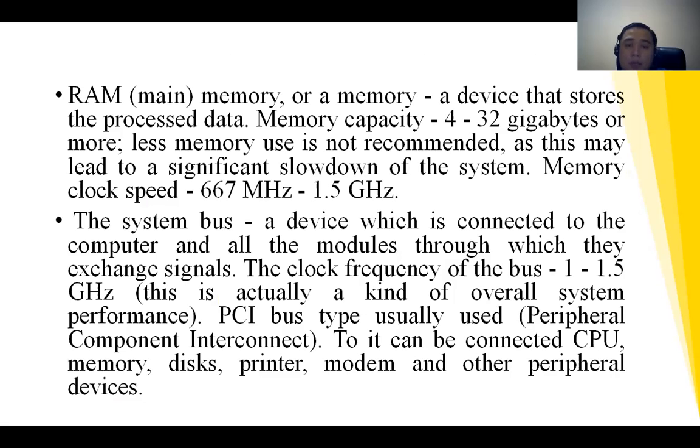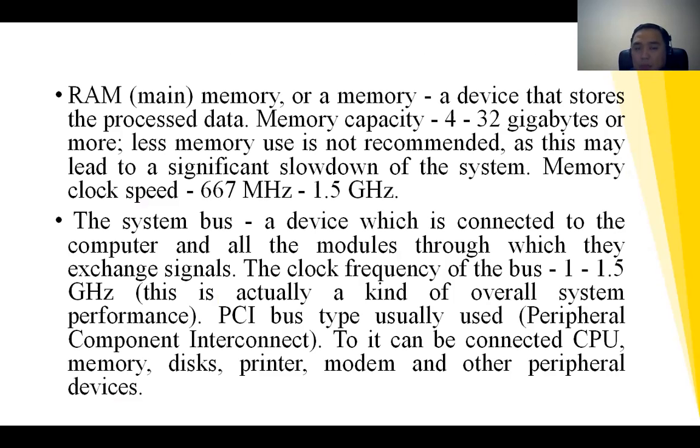RAM, main memory, a device that stores the processed data. Memory capacity is from 4 to 32 gigabytes or more. Less memory is not recommended as this may lead to a significant slowdown of the system.